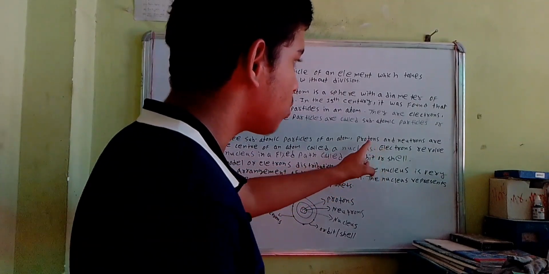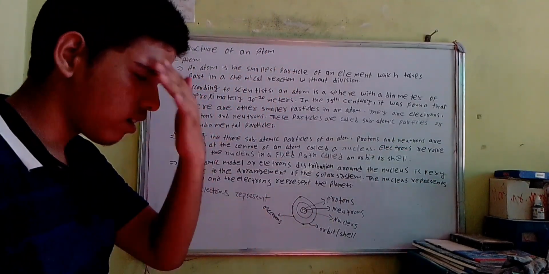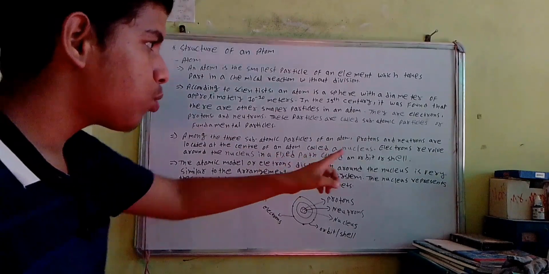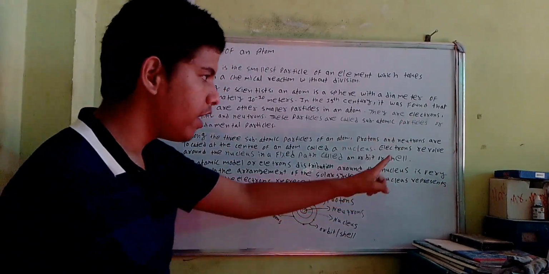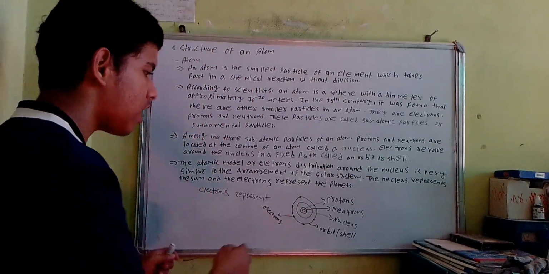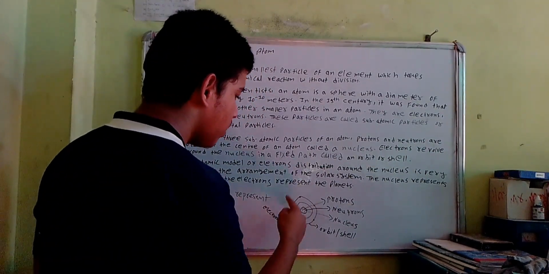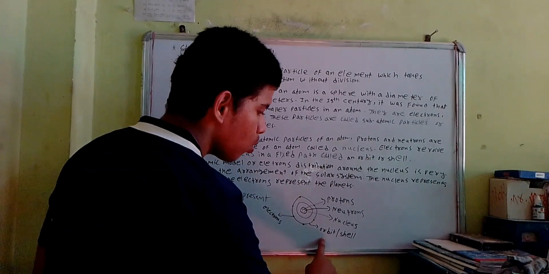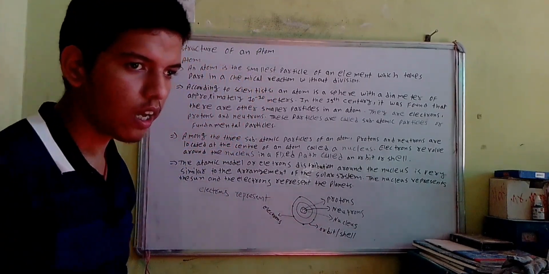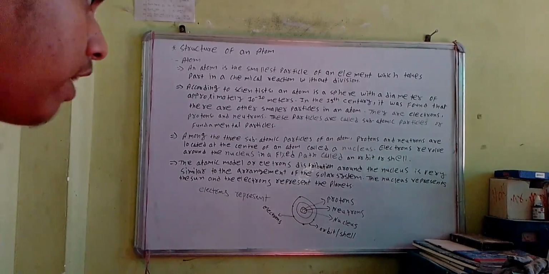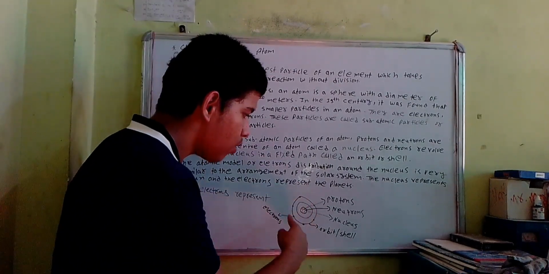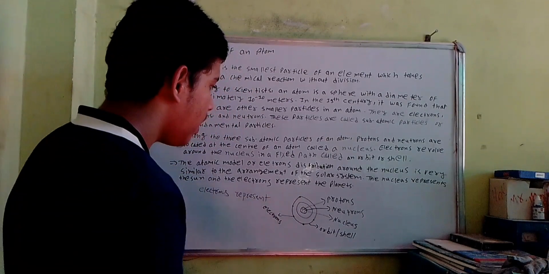Sorry for that. Protons and neutrons are located at the center, right? And electrons revolve around the nucleus in a fixed path called orbit or shell, right?